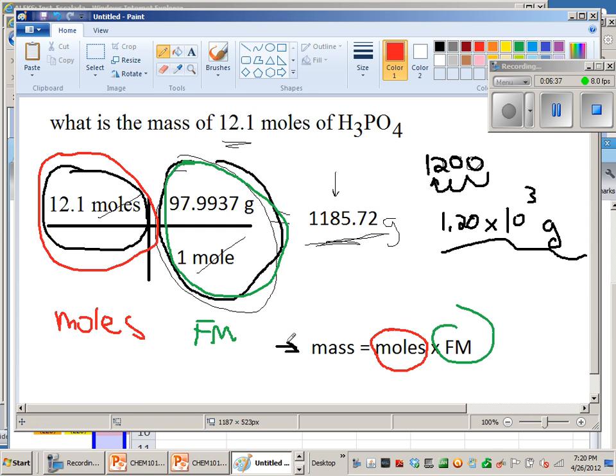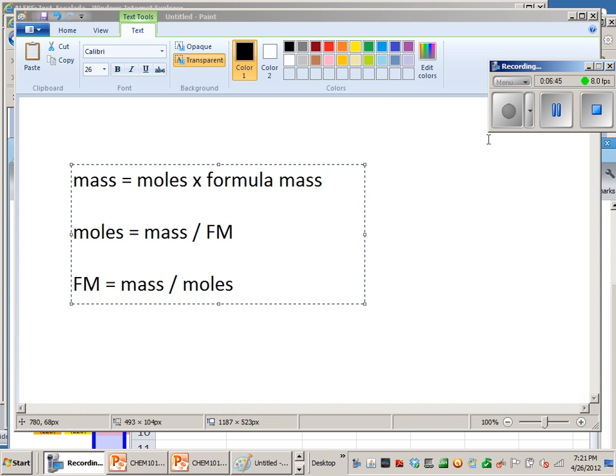I can actually produce a series of equations based on this. I could manipulate this equation and solve for each of the 3 different inputs to this relationship. Mass equals moles times formula mass. Moles equals mass divided by formula mass. Formula mass equals mass divided by moles.